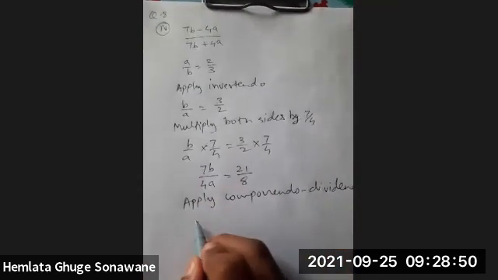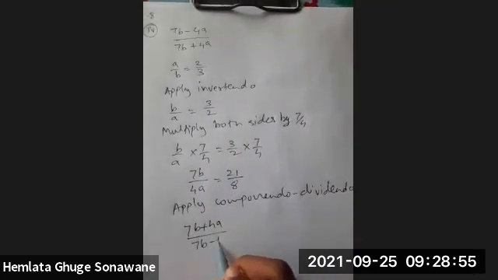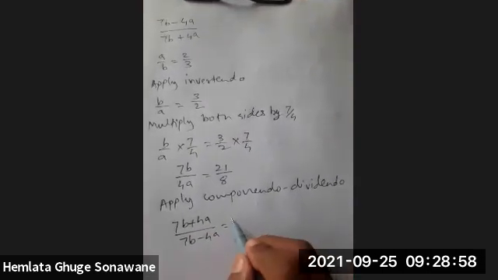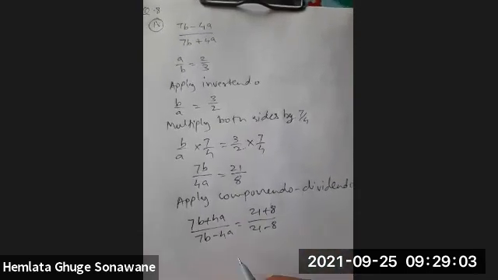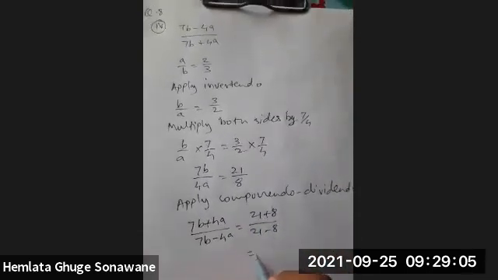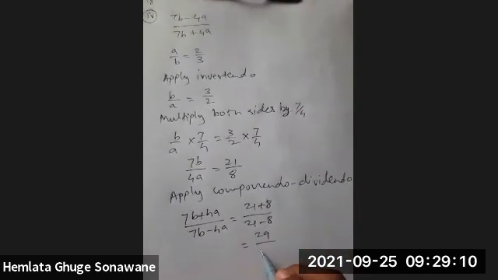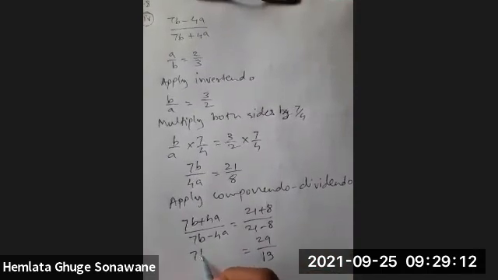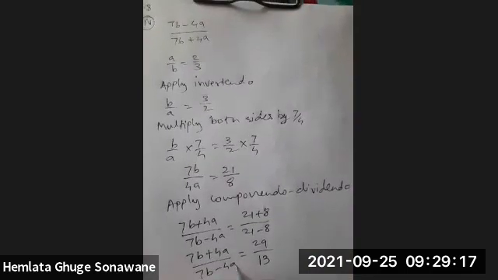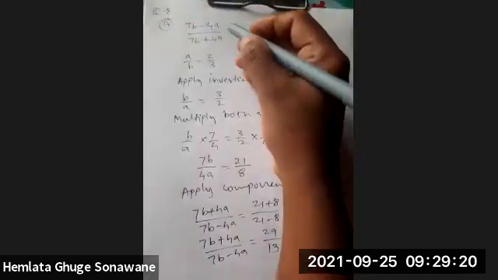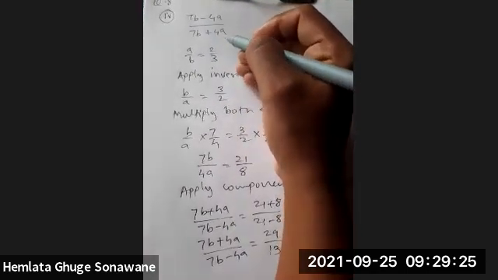So this becomes 7B plus 4A upon 7B minus 4A is equal to 21 plus 8 upon 21 minus 8. 21 plus 8 is 29 and 21 minus 8 is 30. So we have got the value for 7B plus 4A upon 7B minus 4A. But we have to find out the value for 7B minus 4A upon 7B plus 4A.